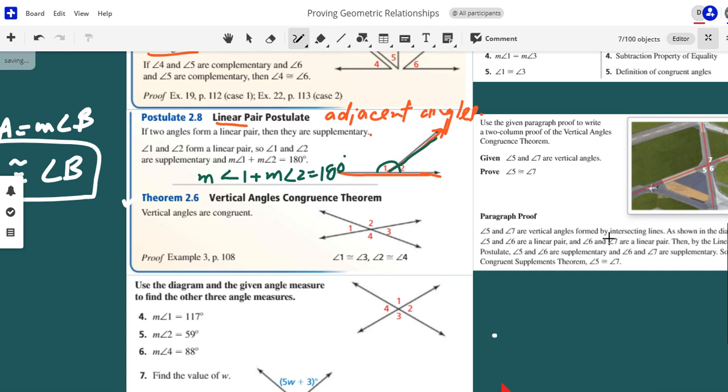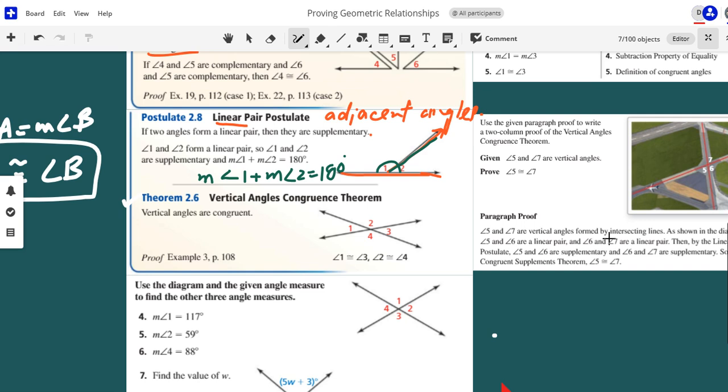Now we will use it to prove the next theorem. The next theorem is very important, and we have many applications related to it. We will use it in our future problems when we are solving geometrical problems using theorems. Then this theorem will help us out.